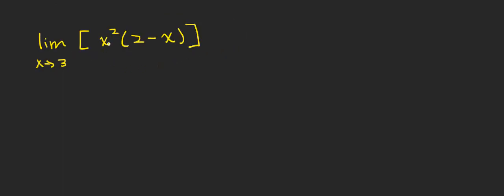What is the limit of x squared times the quantity 2 minus x as x approaches 3? The easiest way of finding this limit is to use substitution. Instead of x, just plug in 3 and see what happens. You get 3 squared, which is 9. 2 minus 3 is negative 1. So 9 times negative 1 is negative 9.